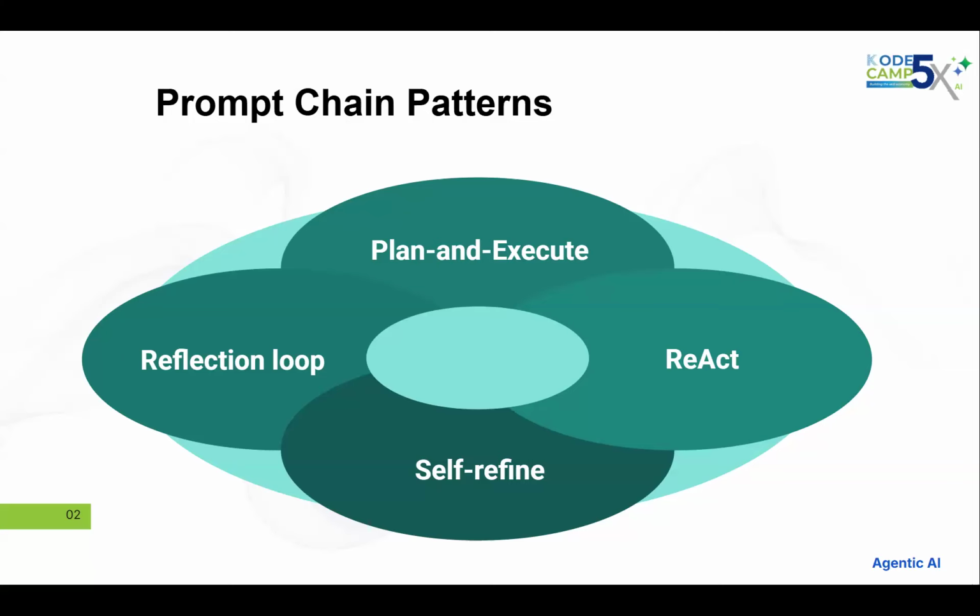And then the reflection loop. The reflection loop is suitable for memory-based agents, in a situation where the agent learns from previous experience, from previous context, so that it can improve over time based on that context.